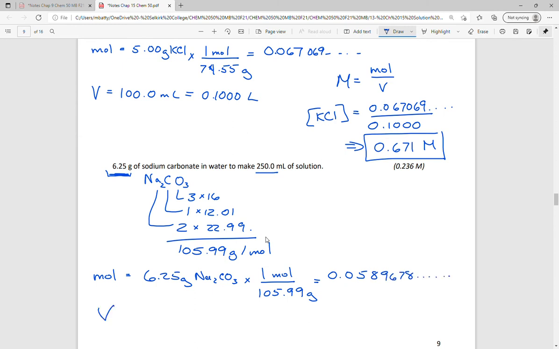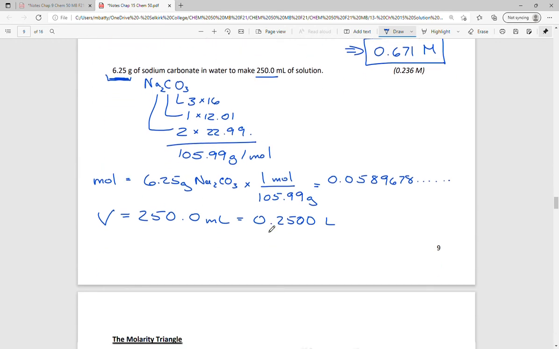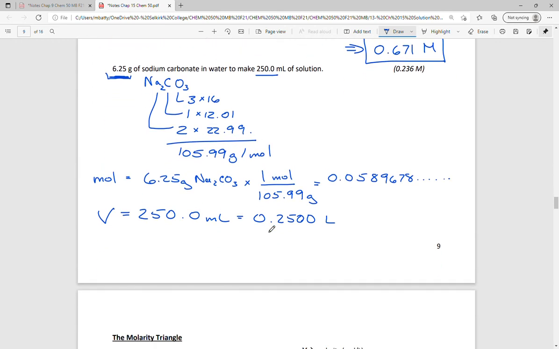The volume was just given to me straight up, but again, it's not in liters, so I can transpose that into liters before I just sub it into my equation. Concentration is equal to moles divided by volume.